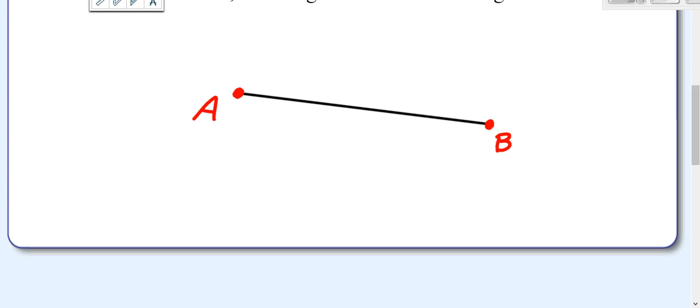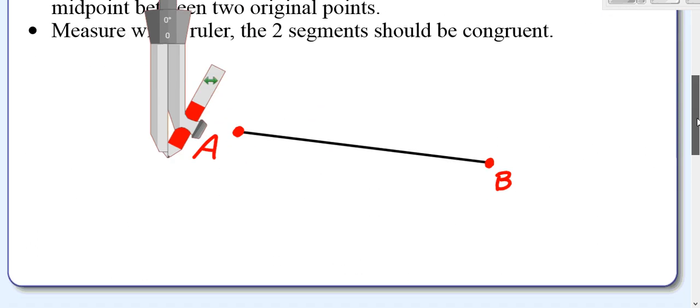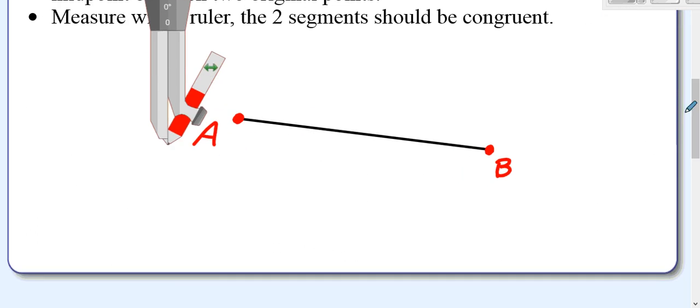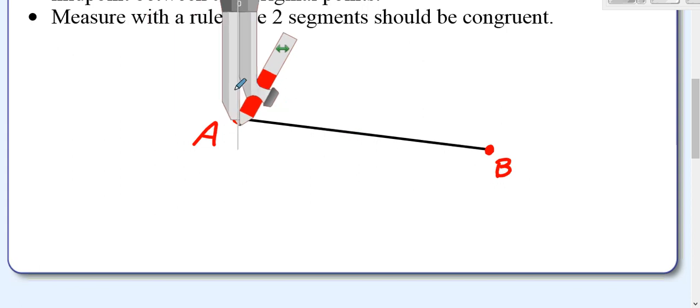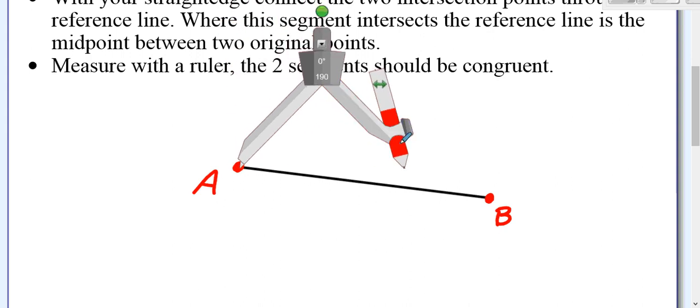So then you need your compass. The midpoint's going to be in the middle, so we're going to use our compass to find the middle. In order to do that, you need to stretch your compass further than that. Stretch your compass more than halfway, however far you think halfway is.